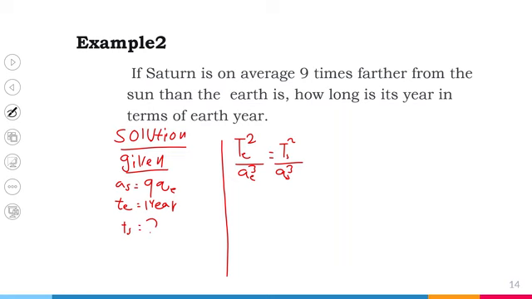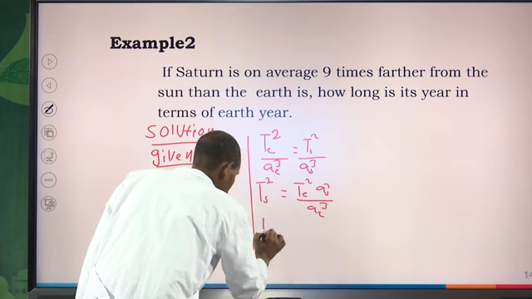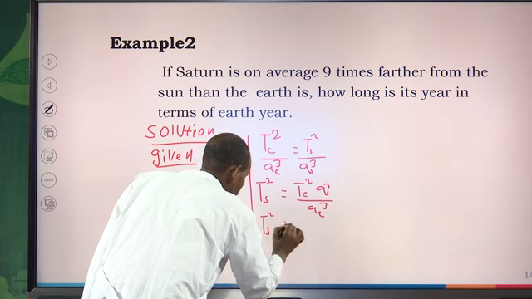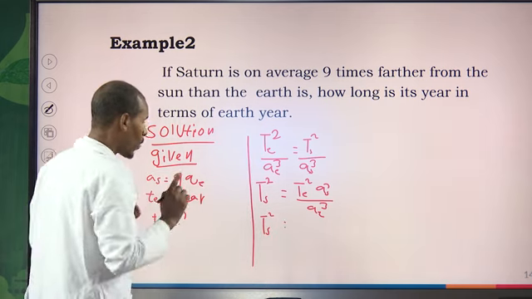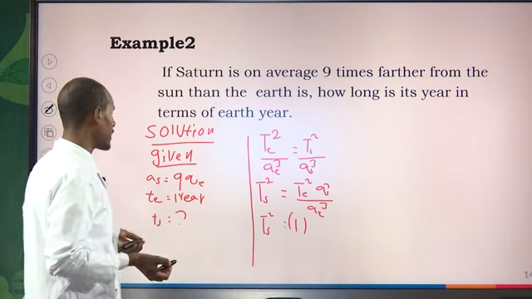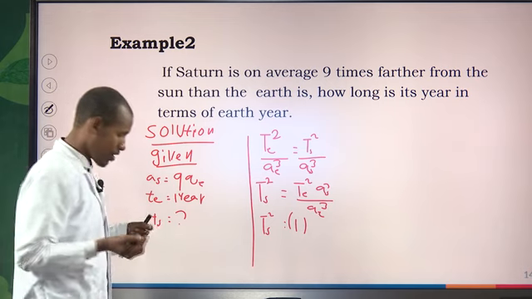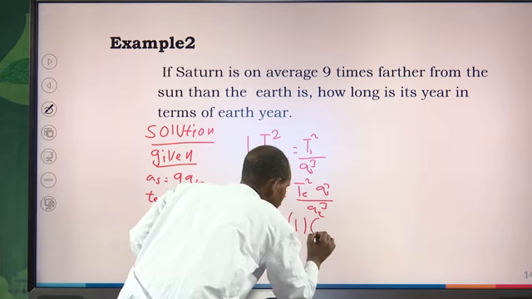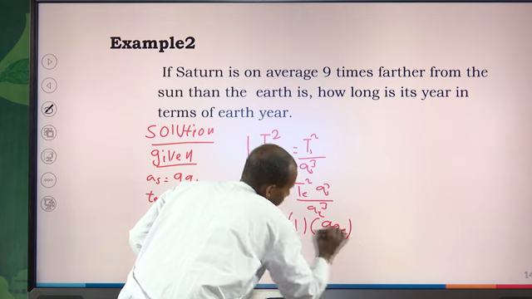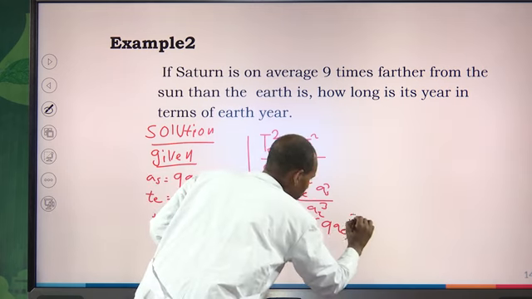So if we solve for the time period of Saturn, T of Saturn square is equal to the time period of Earth square times the average distance of Saturn cube over the average distance of Earth cube. Then if we substitute, T of Saturn square equals 1 year squared times the distance of Saturn, which is 9 times AE, cubed, over the distance of Earth cube.